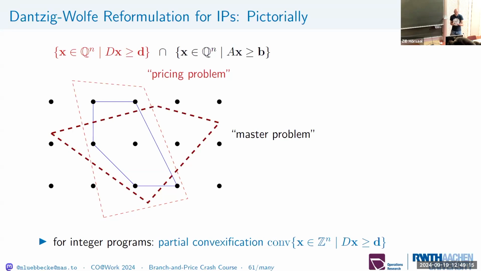We get the extreme points of this, and this is super nice because this gives potentially a stronger relaxation, and this is why we are doing it. So the hope is that this gives a stronger relaxation, and this gives at least a way of arriving at solutions where we do branch and bound.